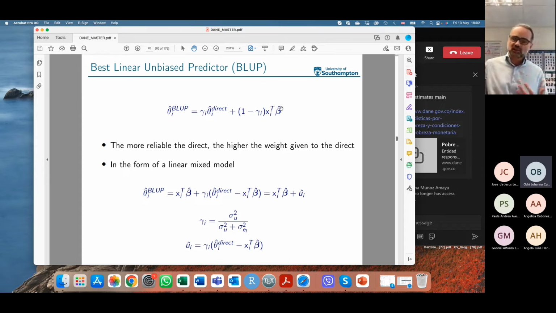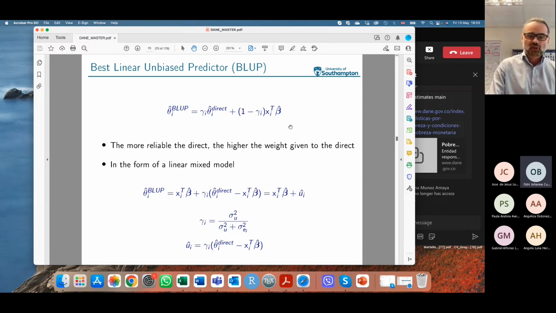Whereas if sigma squared e_i is very high, then my direct estimates are not very reliable, so I'm not going to rely a lot on them, and I'm going to move more into using the second part. Effectively, you're trying to find the best combination between the direct estimate and the second part that depends on the beta hats, on the fit of the regression model.